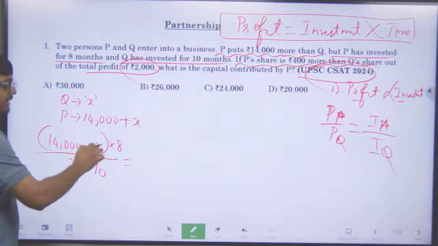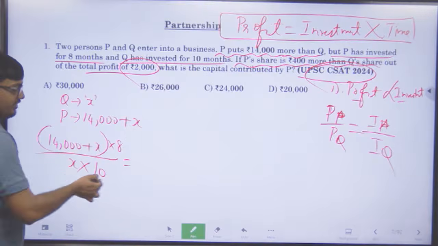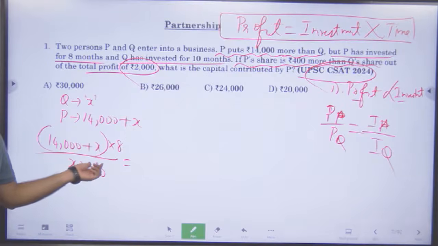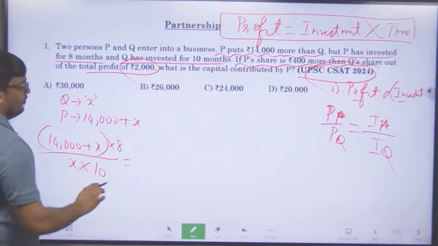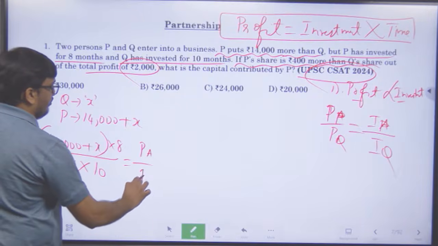Profit of A is investment into time, profit of B is investment of B into time, duration of B. Now profit of A by profit of B.